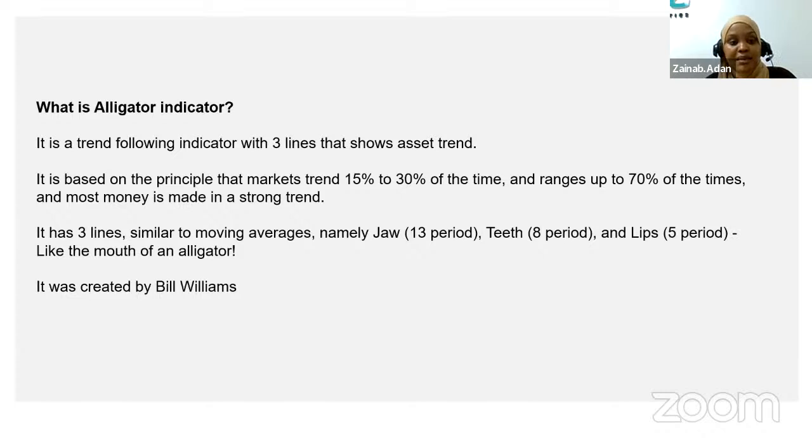It uses three moving averages, namely the jaw, the teeth, and the lips. The jaw line is 13 period, teeth 8 period, and lips 5 period. This indicator was created by the famous trader Bill Williams.